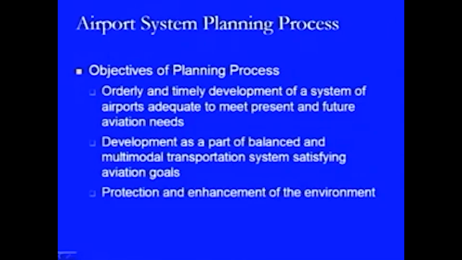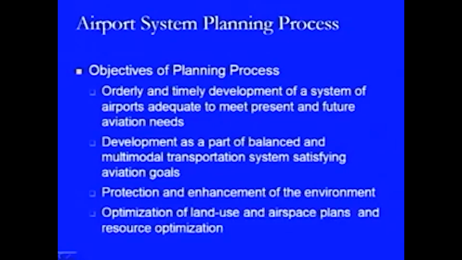Further, there should be protection and enhancement of the environment, and optimization of land use and airspace plans and resource optimization. So, these are in general the main objectives of any planning process.